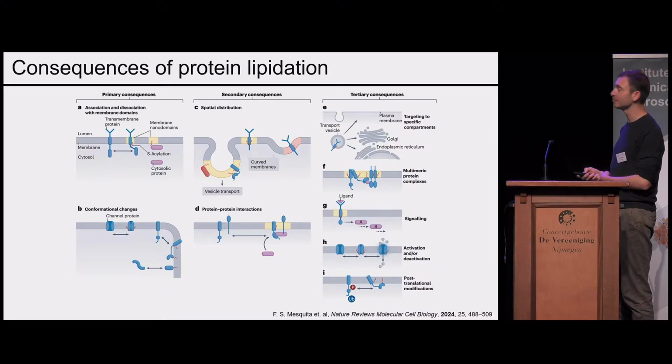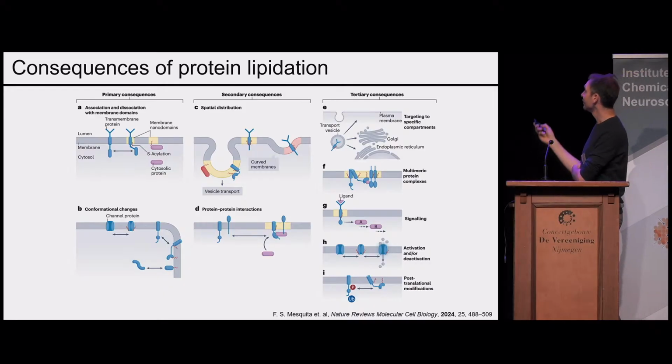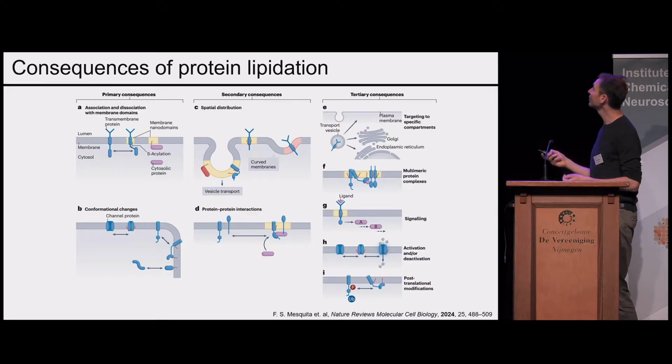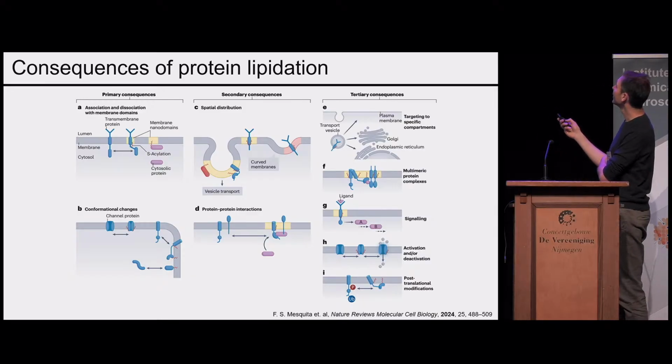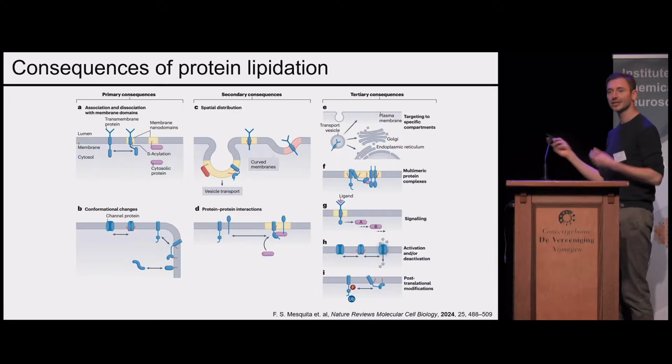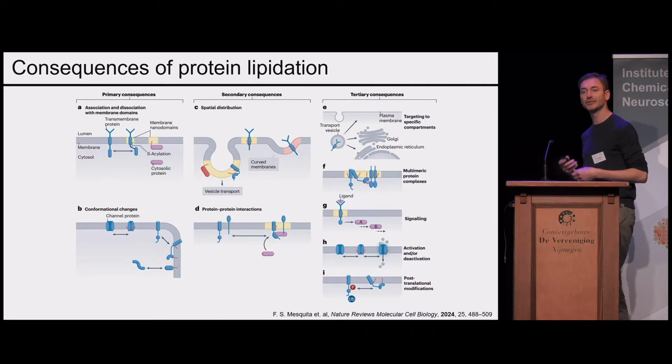And it can also mediate protein-protein interactions. We can go even further in all these different functions: it can multimerize proteins, do signal transduction, and also open and close channels. I think you get the point that throughout the years, many different functions of this protein lipidation have been identified.